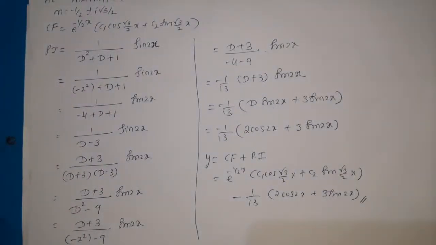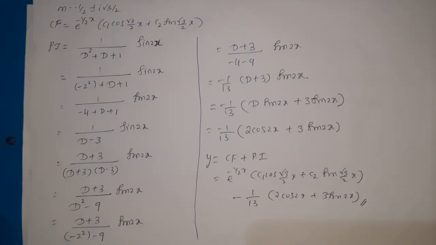the required complete solution. So in this case you must remember that d square equals minus a square. If after substituting all the values, any d is remaining in the denominator, in that case we need to rationalize the denominator and hence find the solution, and d in the numerator means differentiation, d by dx.